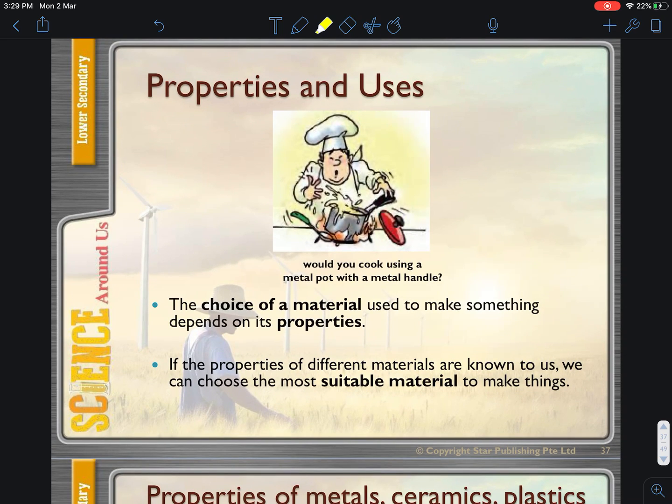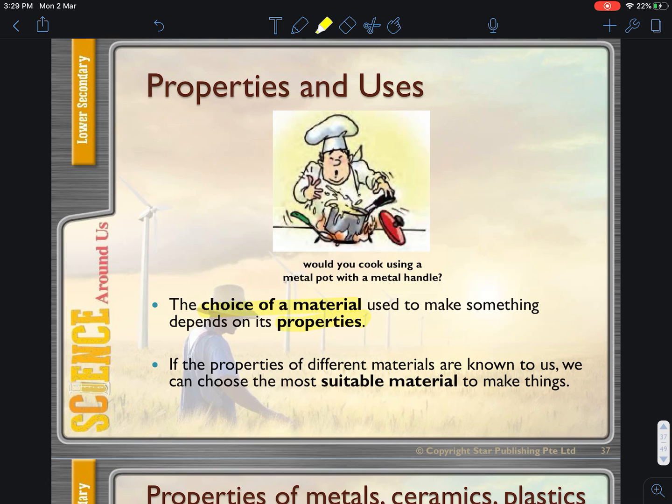Next is properties and uses. The choice of the material to make something really depends on its properties as shown above. Using the wrong material due to the wrong property could lead to drastic consequences.